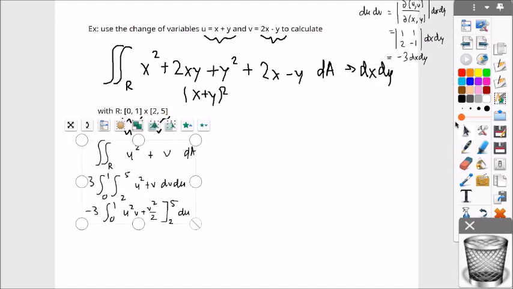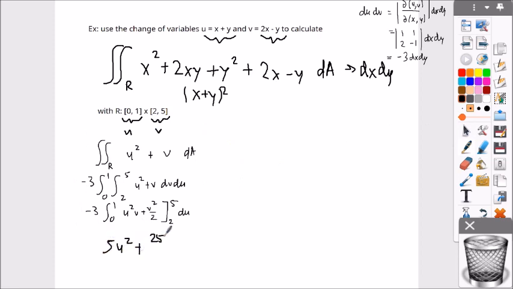So what is this? This is 5u squared plus 25 over 2 minus 2u squared plus, or I should put u, in order to be a little bit more clear, v equals 2, v equals 5. 2u squared plus 4, no, 4 over 2, so 2.